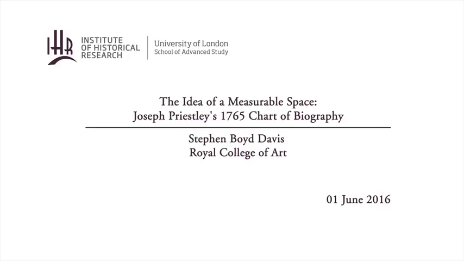So despite Priestley's enthusiasm for the mechanical and the automatic, we've seen that he feared its dangers. And we're going to glance back briefly at that chart of history that Priestley was so critical of.